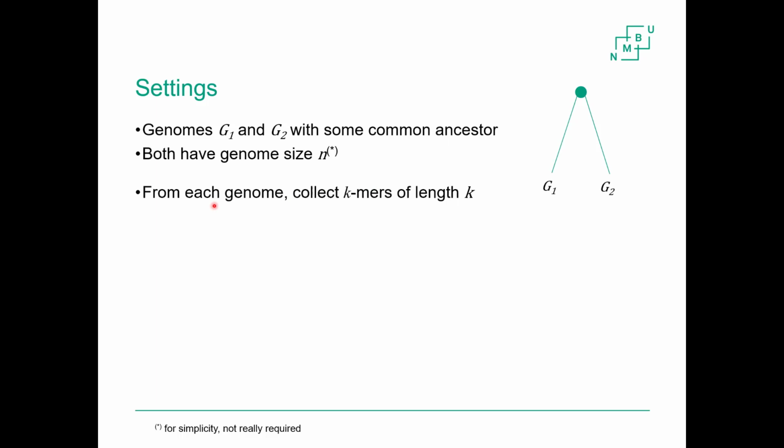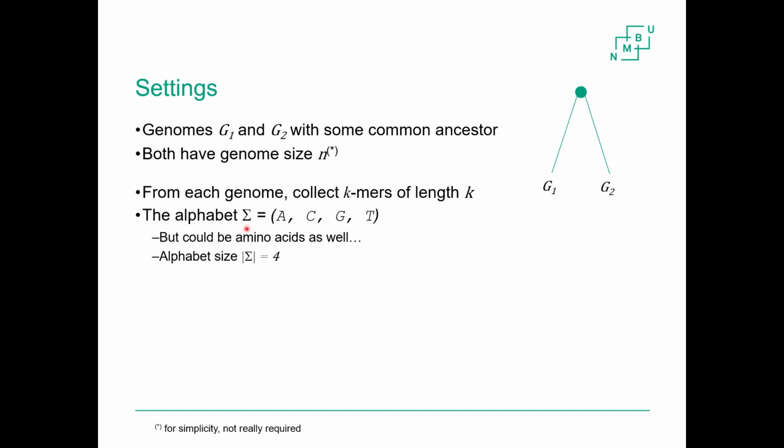From each of these genomes, we now collect k-mers of length k, which is actually unnecessary to say, because it lies in the phrase k-mers that they are of length k. This we have done: if you go back to module 3, we collected k-mers from genomes using the Jellyfish software. So we can now easily collect k-mers from both these genomes.